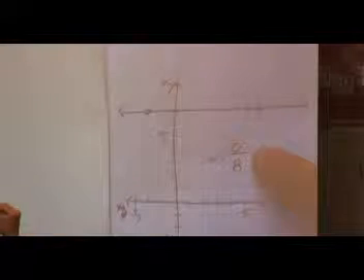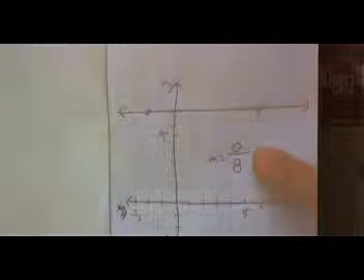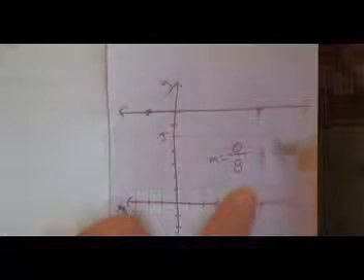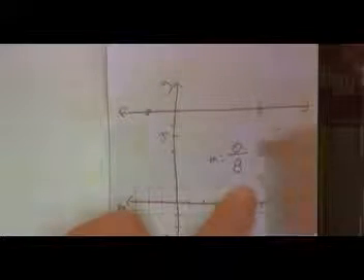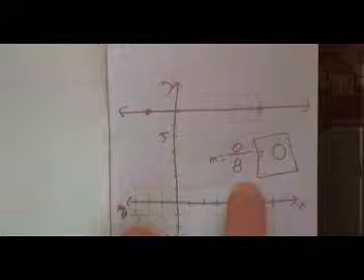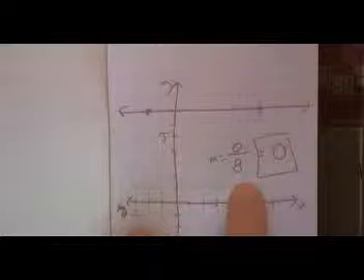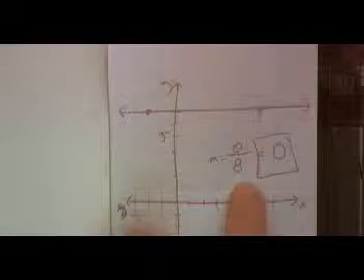If you have nothing and you divide it into 8 groups, how much is in each group? Nothing. 0 divided by 8 means my slope is just 0 as my final answer. There's no slope here. It's flat. D? Slope is just 0.